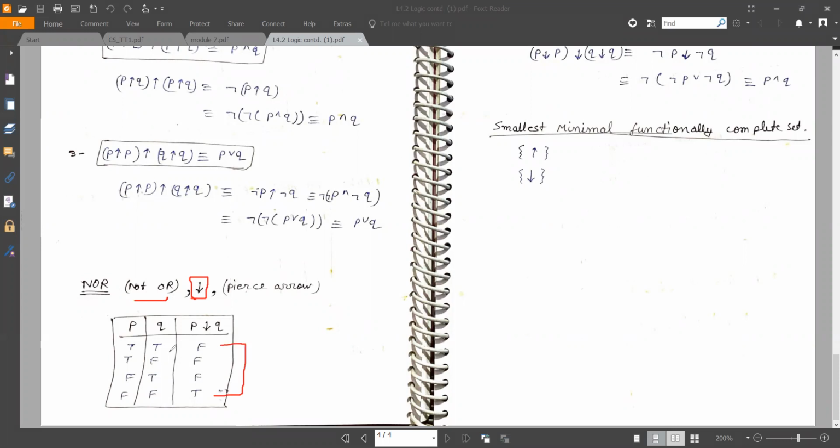So simply put, if any of the input assignment is a true value, then our outcome is false. Here we have both true, so P or Q would be true, and its negation would be false. So NOR returns a false value. Similarly, here we have a true value, and here we have a true value, so the outcome would be false and false. Finally, we have false and false, so the assignment would be true.